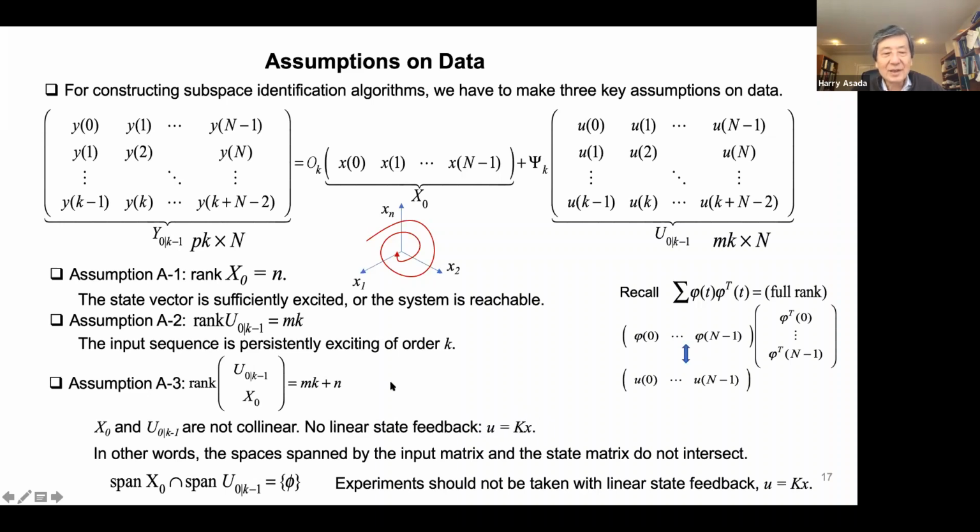If you do that, the U involved here is collinear with some components of X, and that makes this one not full rank. So don't use linear state feedback of this form. If that's the case, this assumption holds. So these three assumptions are fundamental in the following discussion.